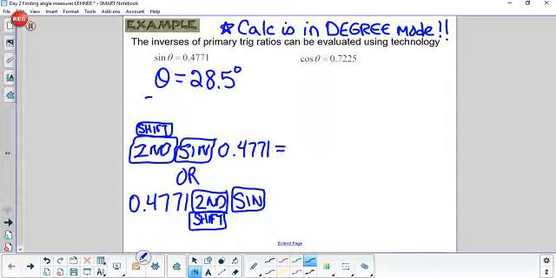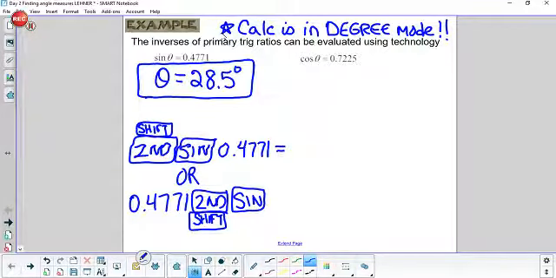So the angle is 28.5 degrees. Pause this if you need to. Double check how your calculator works. If you cannot get it to match, check that you are in degree mode. If you know you are in degree mode and you still cannot get it to match, you should go and find a math teacher who can assist you with your calculator.